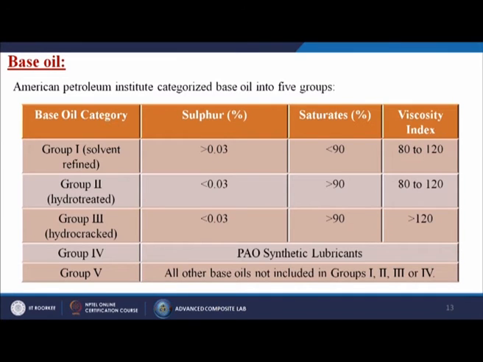Then group 2 is hydrotreated, where the sulfur content is less than 0.03%, saturation is more than 90%, viscosity index is 80 to 120. Group 3 is hydrocracked, sulfur percentage is less than 0.03%, saturation is more than 90%, viscosity index is more than 120. Group 4 is PAO synthetic lubricants, and group 5 is all other base oils not included in group 1, 2, 3 or 4.